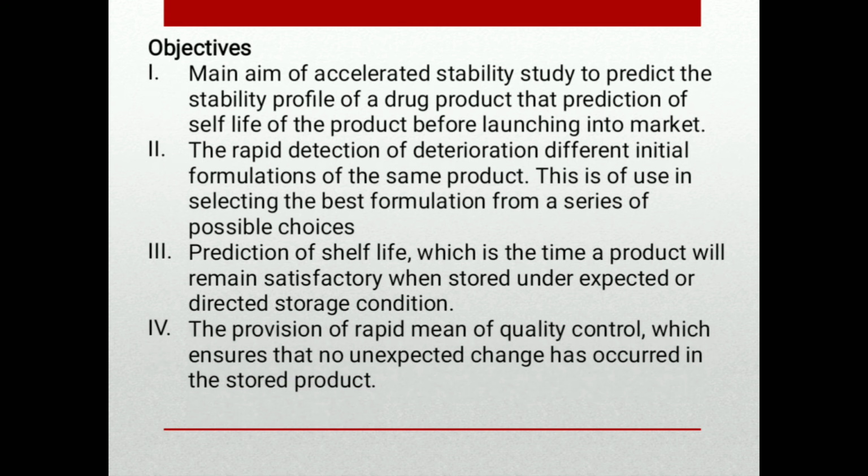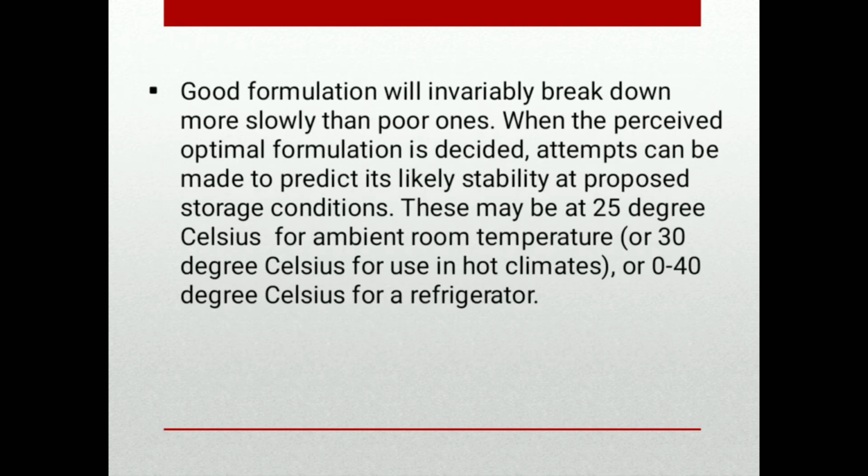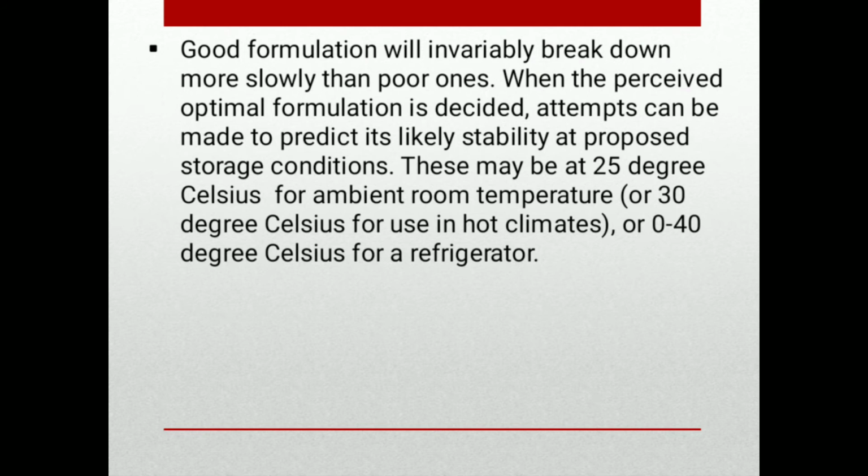The next one is the provision of a rapid means of quality control, which ensures that no unexpected changes have occurred in the stored product. Further, a good formulation will invariably break down more slowly than poor ones. When the perceived optimal formulation is decided, attempts can be made to predict its likely stability at prolonged storage conditions.